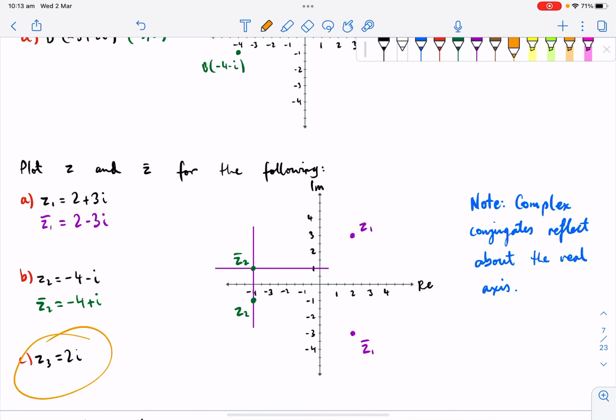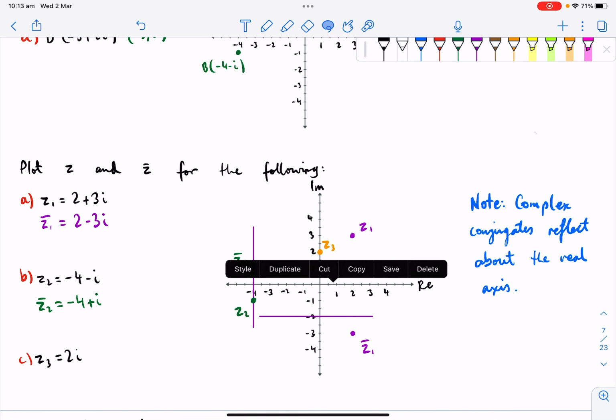And then finally, we have Z3 equals 2i. So let's plot that point real quick. 2i is right there. So that's Z3. Well, since we understand that we only reflect across the real axis, we're going to bring it down to here. And that there will be Z3 bar.